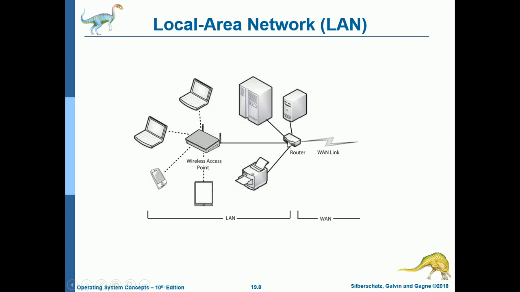And then this router can be connected through one link to the internet. But is it possible for a LAN to have no internet connection? Actually, it's very possible that you have a LAN network even without an internet connection.